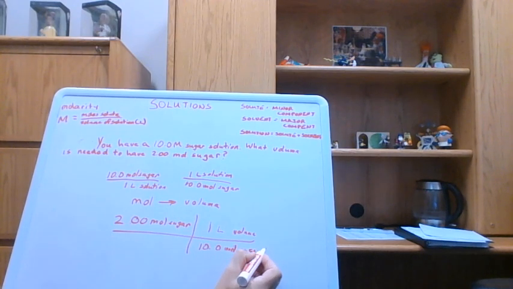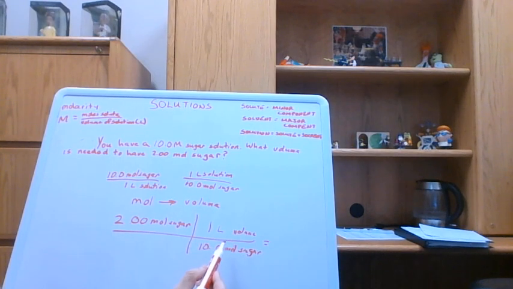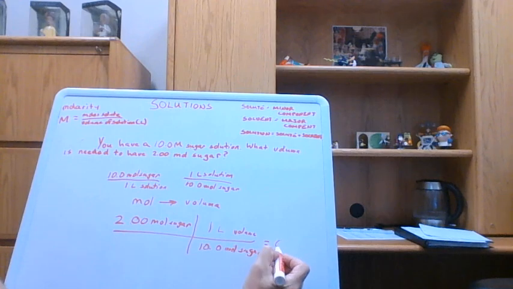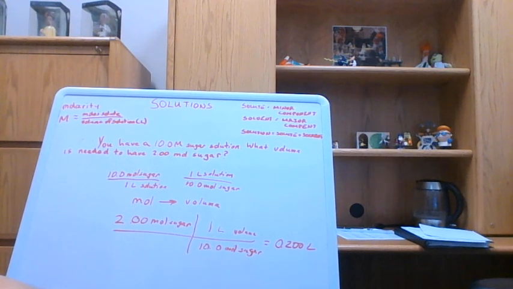Right, and so moles of sugar are going to cancel and it's going to leave us with liters. So we're going to take our 2, divide it by 10, and say this becomes 0.200 liters. So you can use that molarity as a conversion factor, and that's how you would use it to solve a problem.